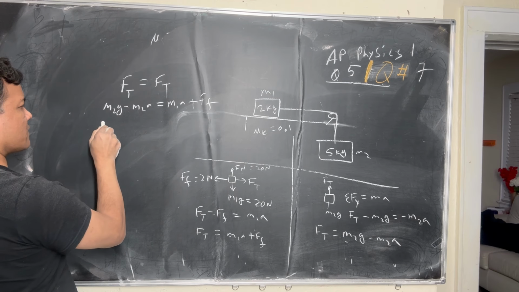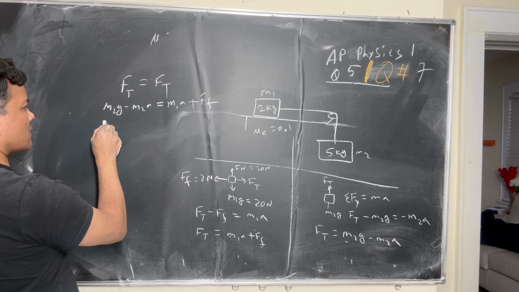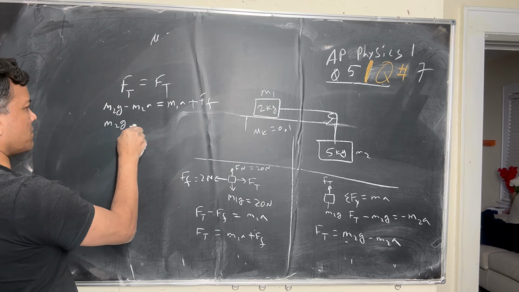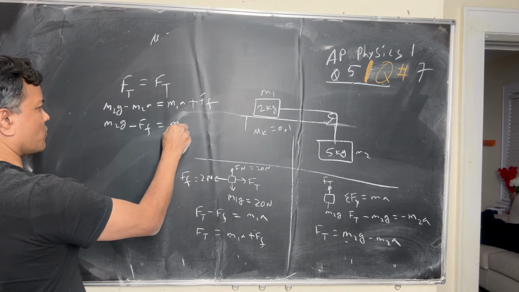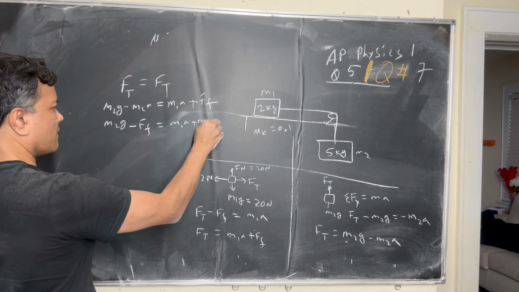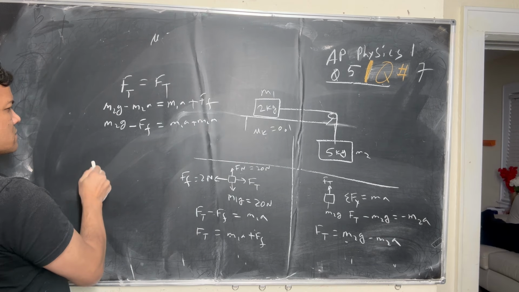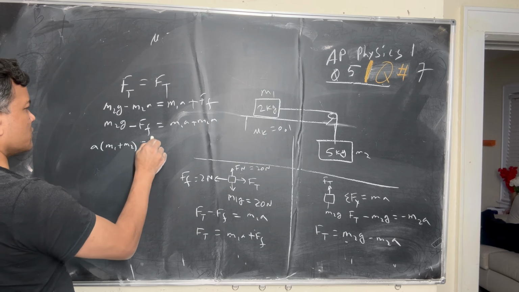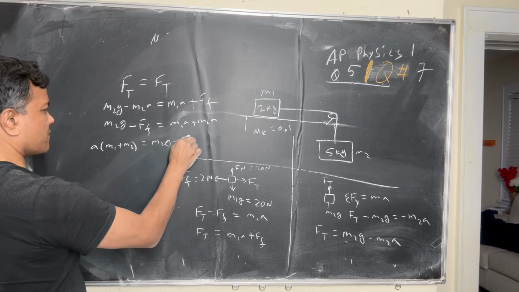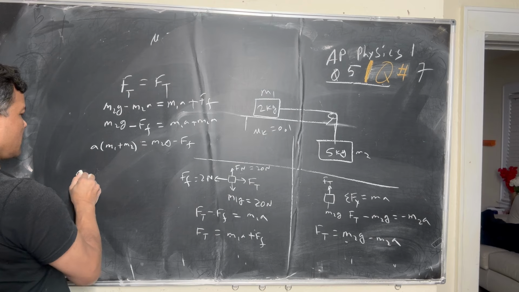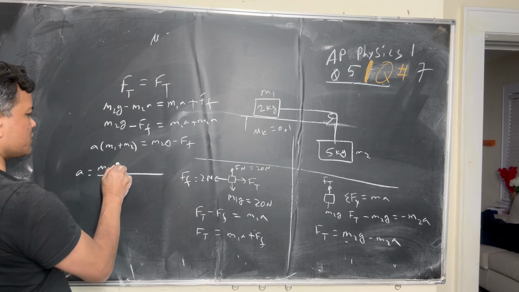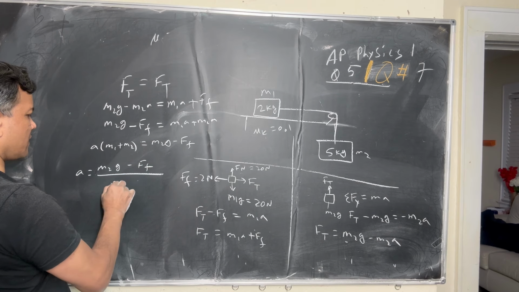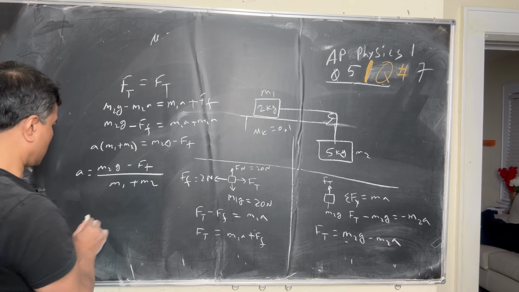So you have M2g minus Ff is equal to M1a plus M2a. So a times M1 plus M2 is equal to M2g minus Ff. So a is equal to M2g minus Ff over M1 plus M2.